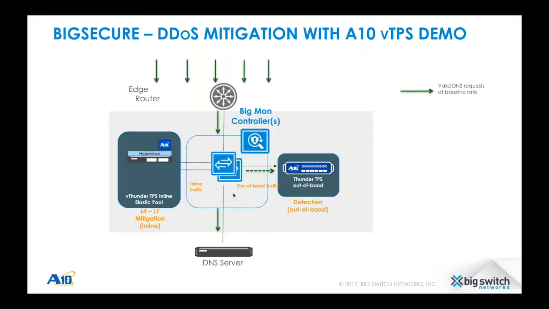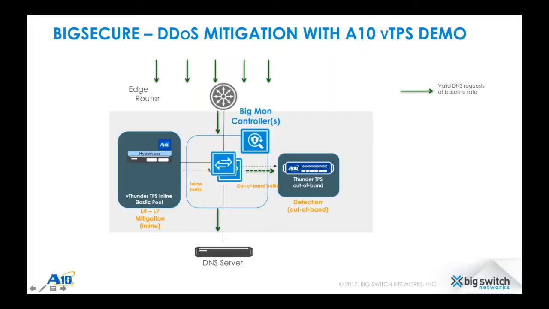We have then also inserted an inline virtual TPS service on that same security chain. And that service is using two LAG interfaces that we defined earlier on that switch. VTPS LAG 1 is used to send the traffic to the VNF, and VTPS LAG 2 interface is used to receive traffic back from the VNF service.